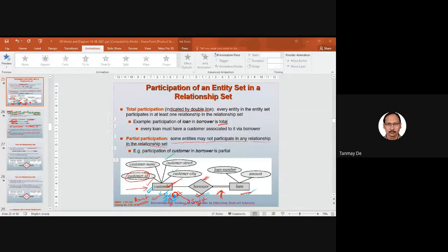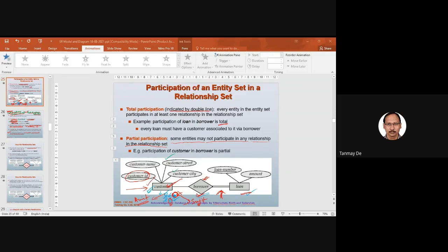If no descriptive attribute is present in the borrower relationship itself, then this combination, customer ID and loan number, forms the super key as well as the primary key and the candidate key, because it is the minimal form.